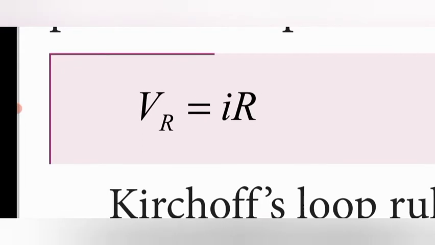According to Ohm's law, V equals IR is the general formula. Here we apply the voltage only across the resistor, so the suffix R is used: VR equals IR. I is the alternating current produced in the conductor, and R is the resistance of the resistor used in this circuit. That is the second equation.